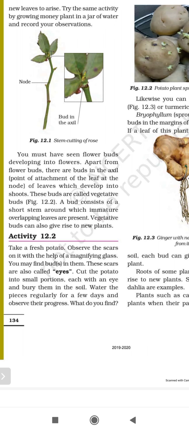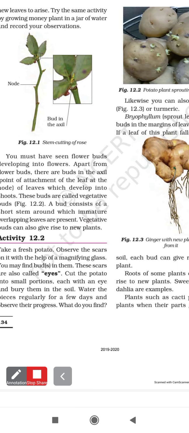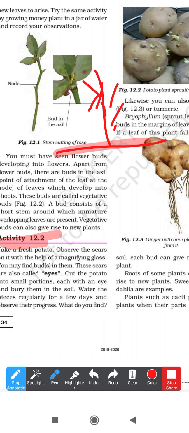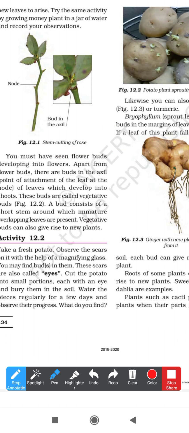Now let us see how potato grows. You know how potato grows or where you can find potato? You can find potato underground, right? If here is one plant of a potato, you have to take this whole plant out, here you will get a potato. So what is actually a potato?